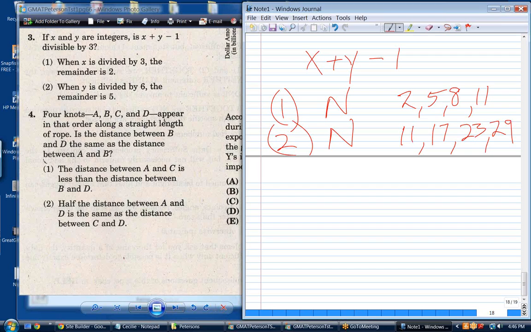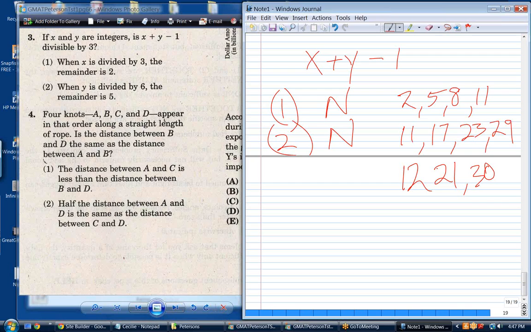Well, I guess we can just try some of them. 2 plus 11, 13 minus 1 is 12, so that works. 5 plus 17 is 22, minus 1 is 21. That works. That's 30. That works.